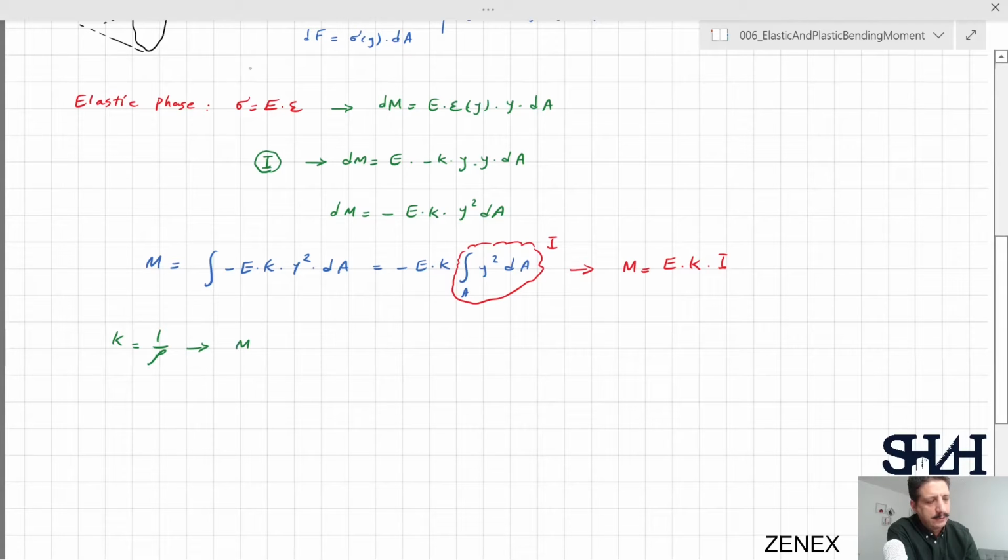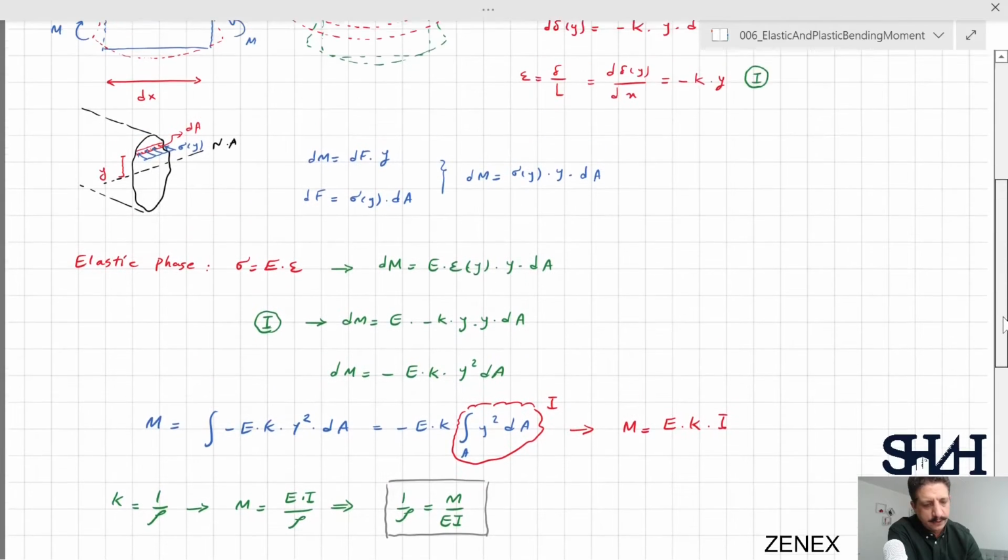So M will be EI divided by rho, or the famous equation, 1 divided by rho equals M divided by EI. So this equation is only valid if we are in the elastic phase.